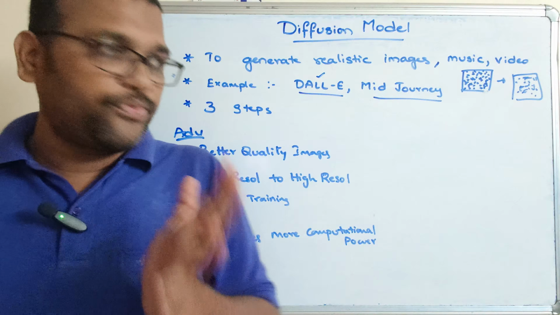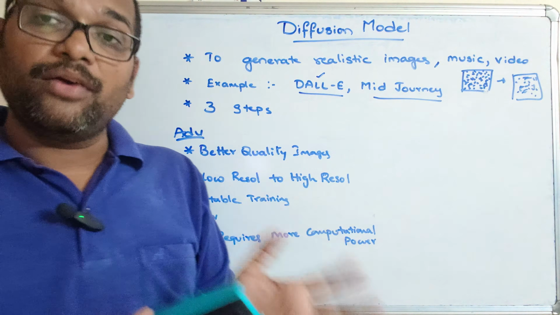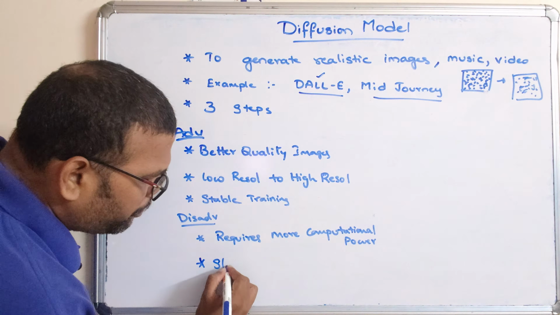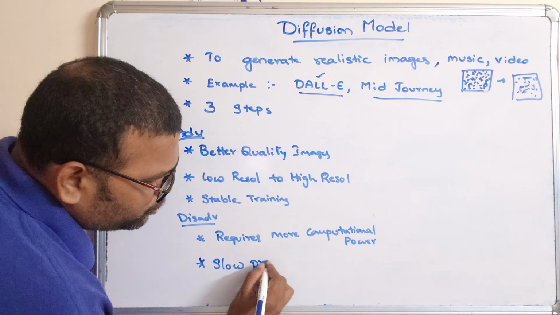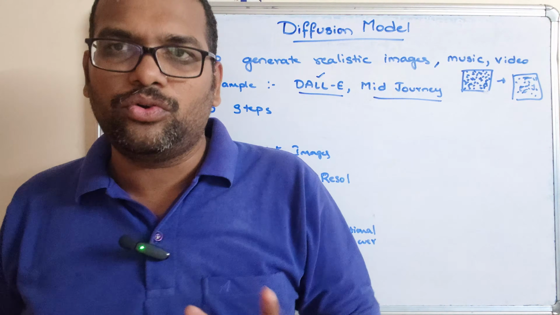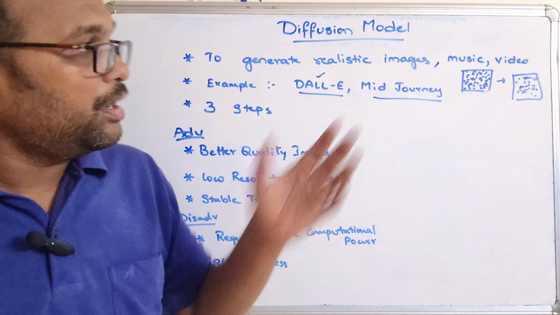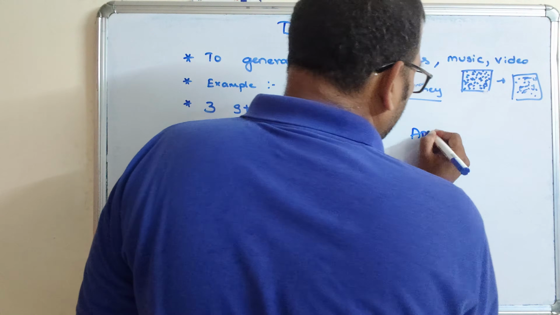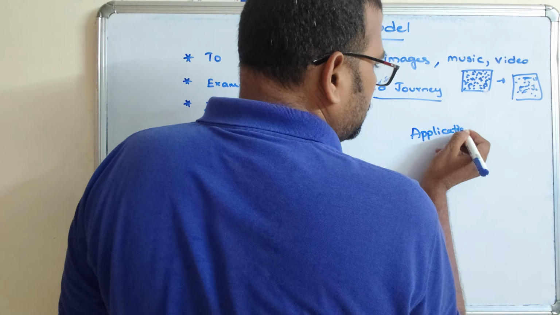So it requires a lot of computational power, and it is also a slow process. When compared to others, it is somewhat slow to generate images or music or video.